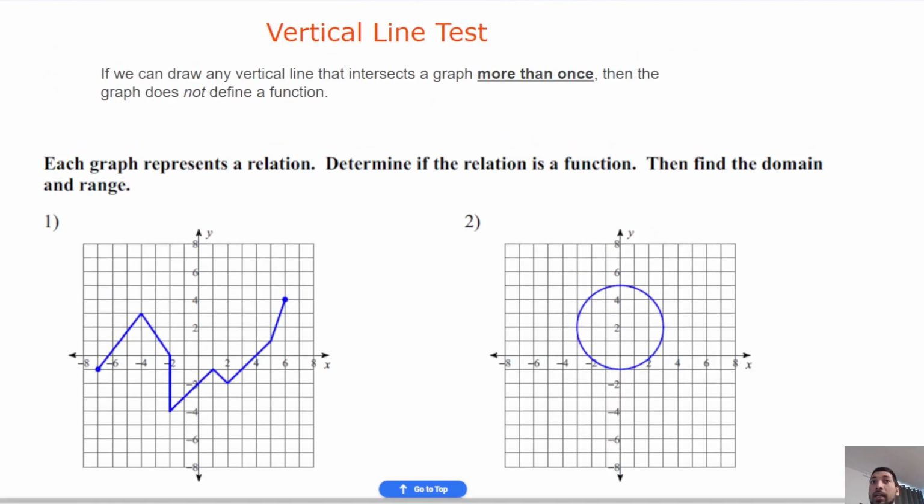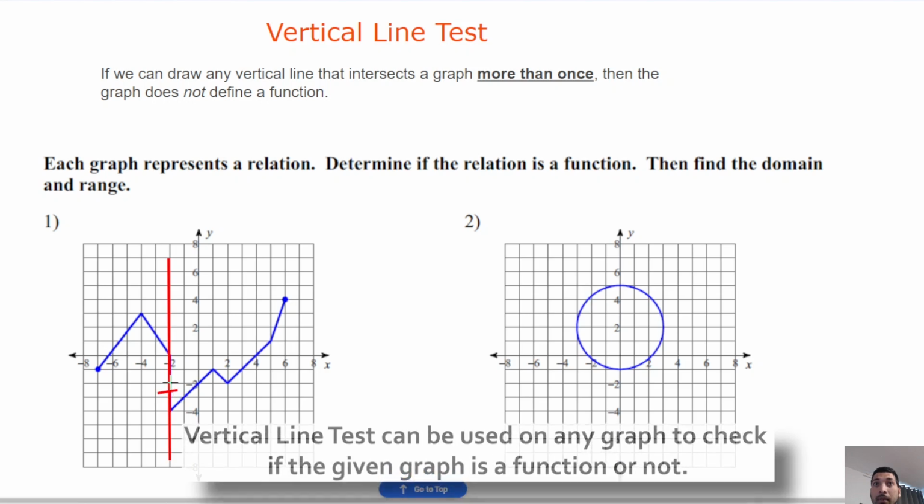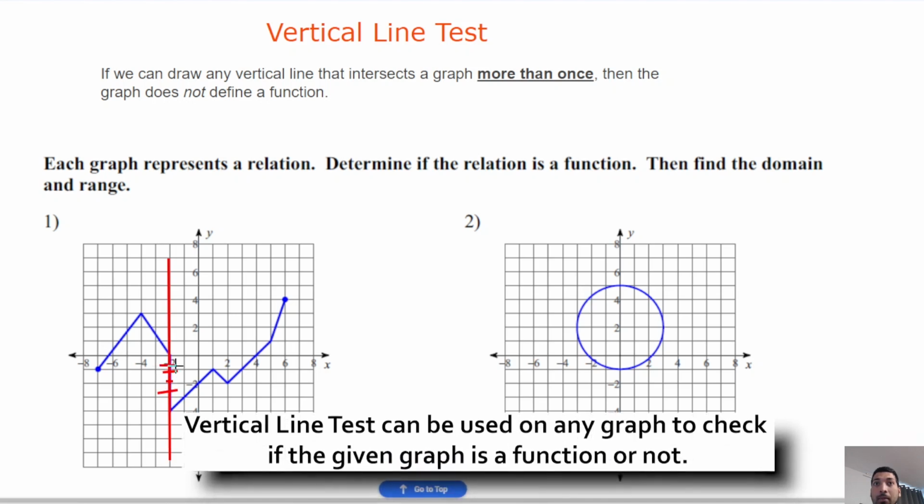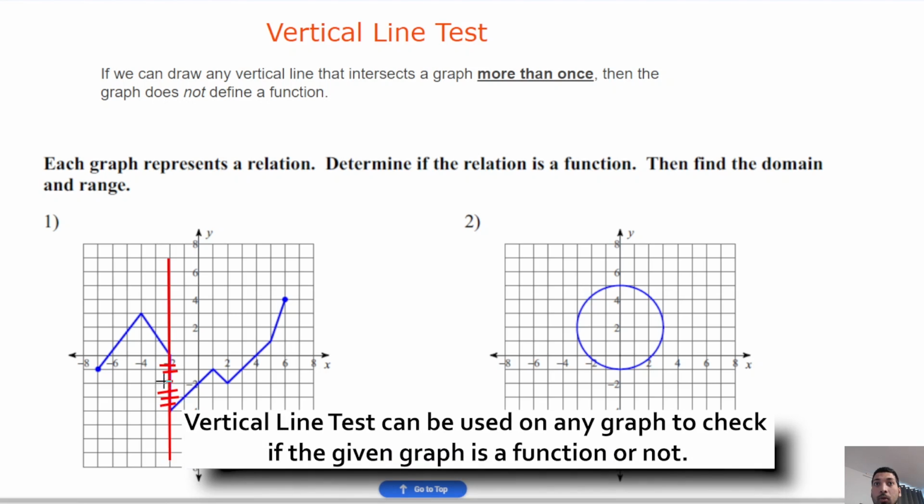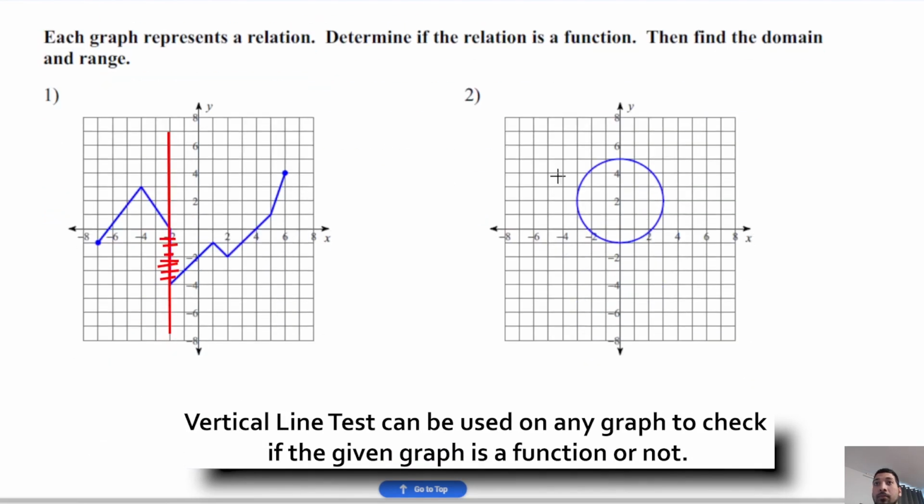So you can draw a vertical line from left to the right and see if at any point the graph is meeting more than once. Now, from our observation, we can see that if you're drawing a vertical line right here, here the line is meeting at multiple points. So this relation is not a function.